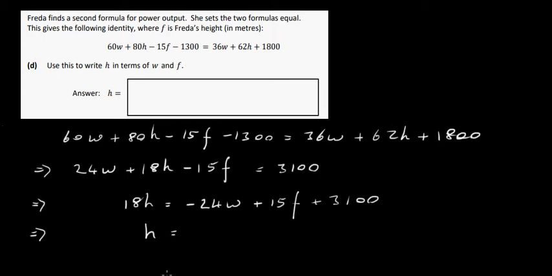So I'm going to divide this by 18 to give me H. Divide this minus 24 by 18. That gives me 4 over 3. So I'm going to end up with minus 4 over 3W. The 15 over 18 will just be 15 over 18. Can't simplify that. And let's just see here, do we end up with 3100 divided by 18?